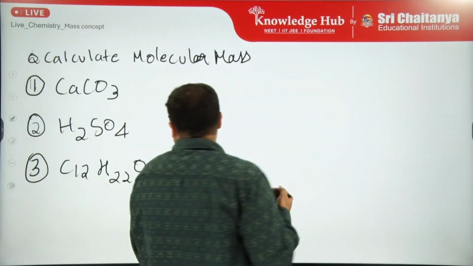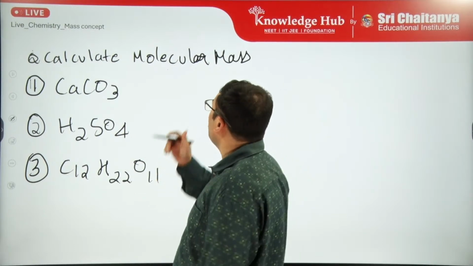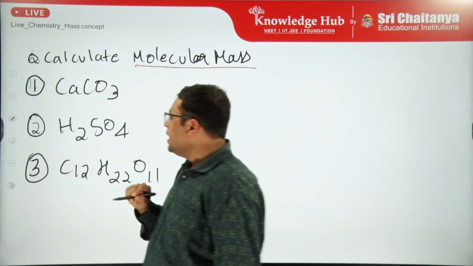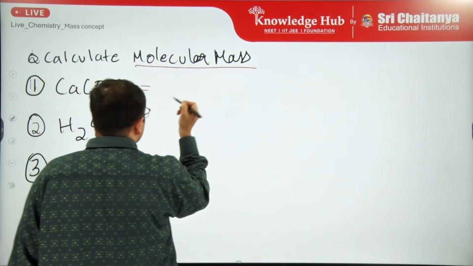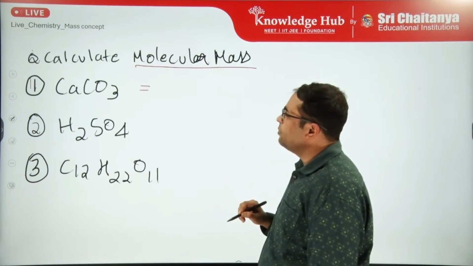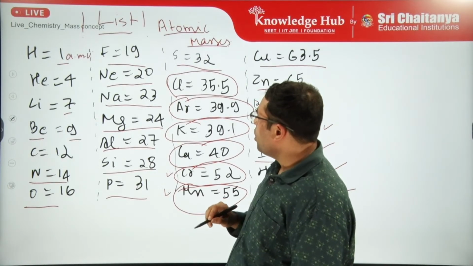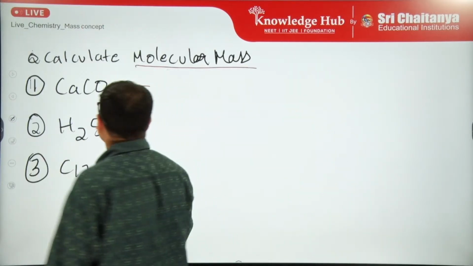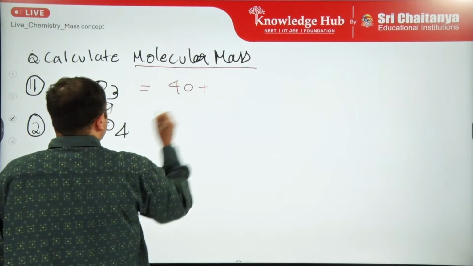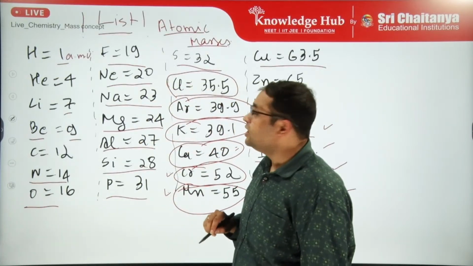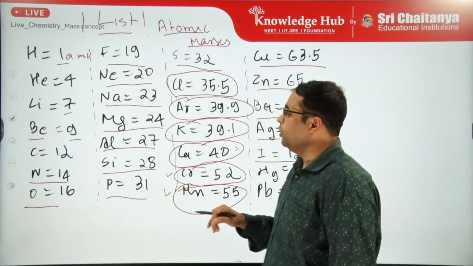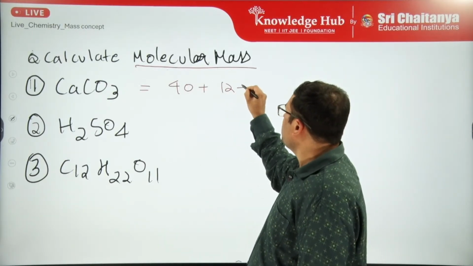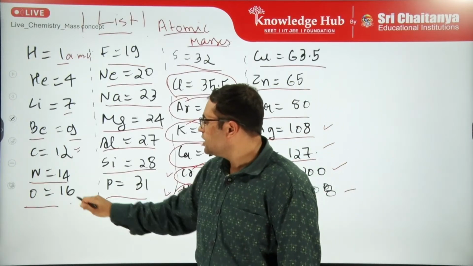So as an exercise, let us try and calculate the molecular masses of these compounds. So you have calcium. First you have to write down the mass of calcium. If you see the table behind it, what is the mass of calcium? Calcium is here, it is 40. So 40, mass of carbon, I am just telling you how this table will be useful, mass of carbon is around 12. So put 12 here. Mass of oxygen 16.